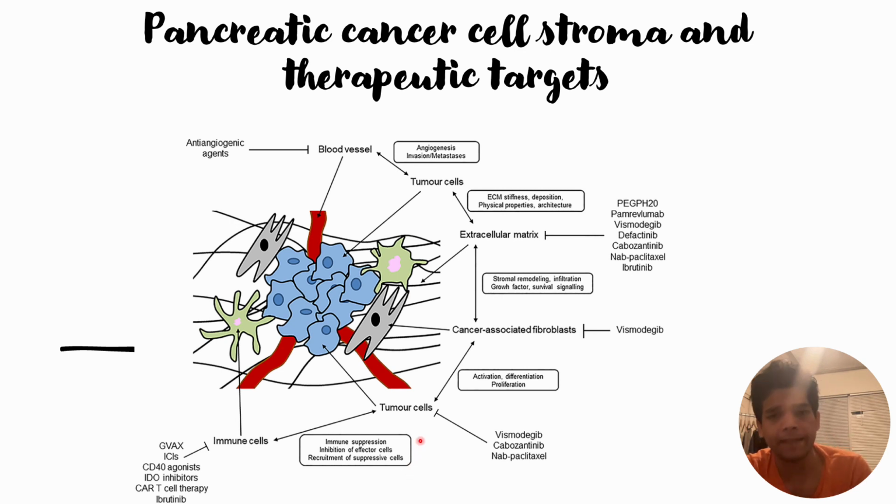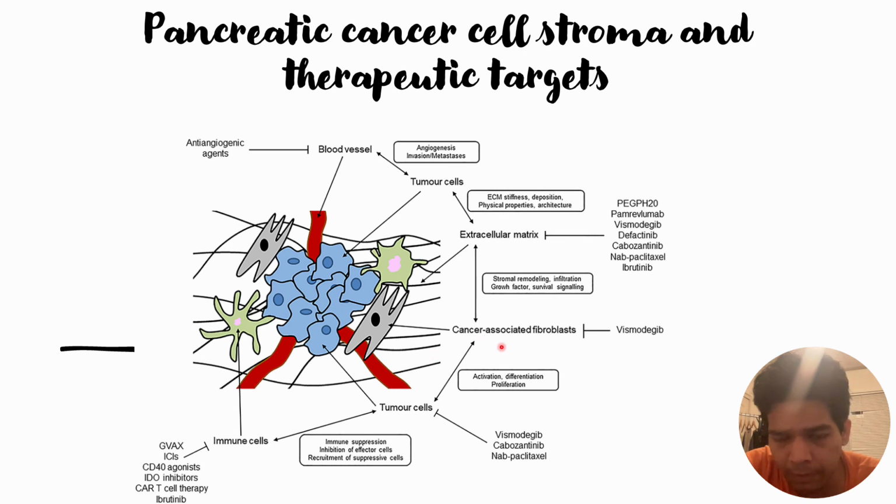After that, another important part of the stroma around pancreatic cancers is the cancer-associated fibroblast. It will not just act as a barrier between the immune cells and the tumor cells, but it will also help the tumor cells in the process of metastasis.